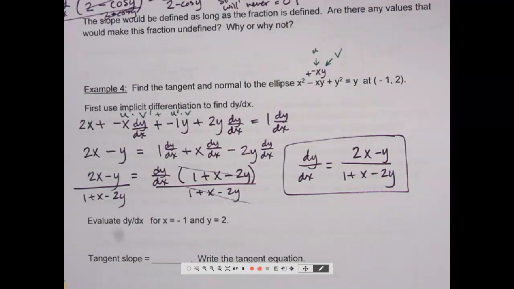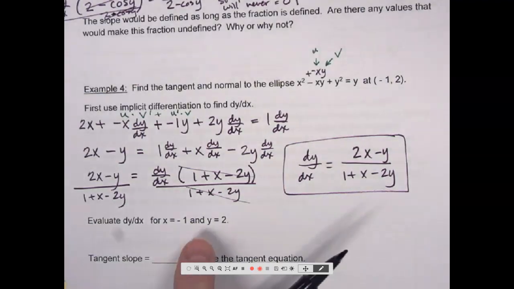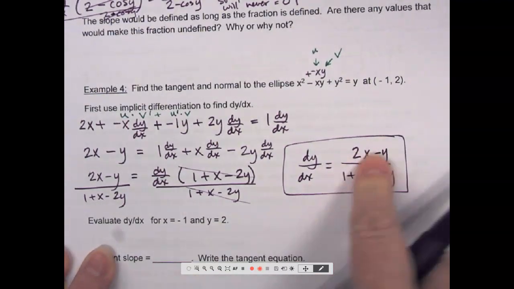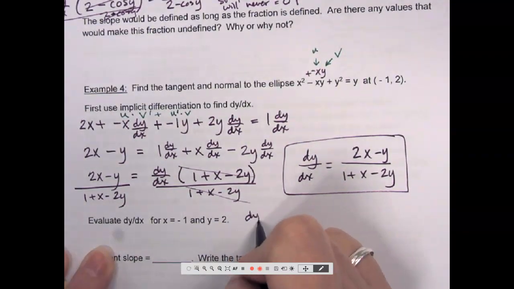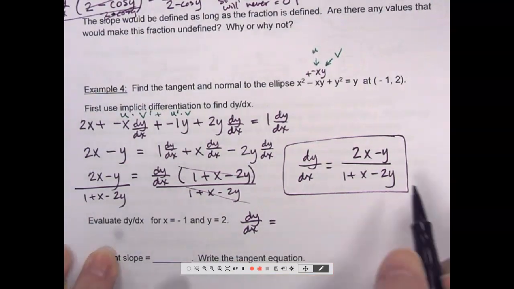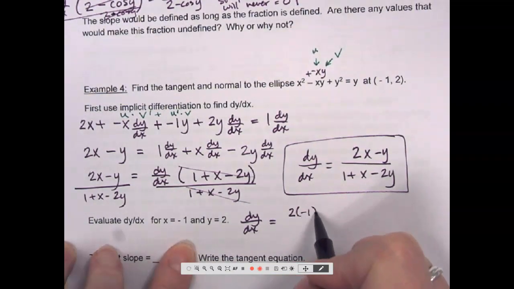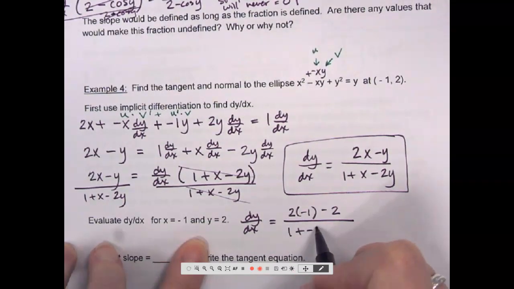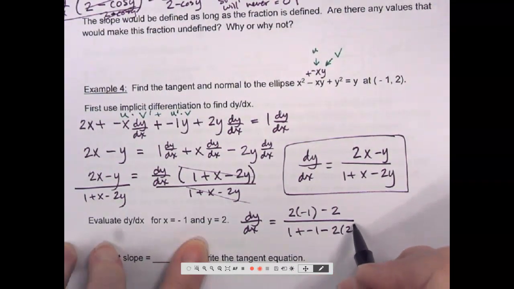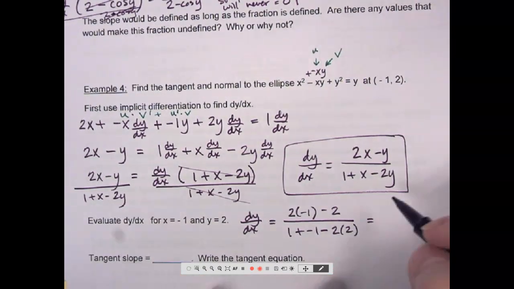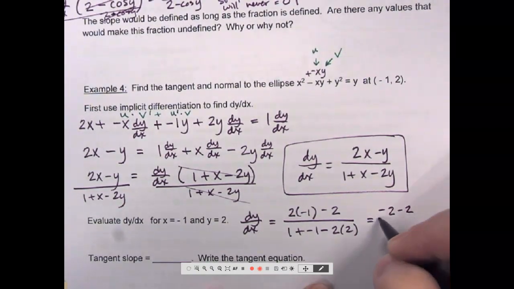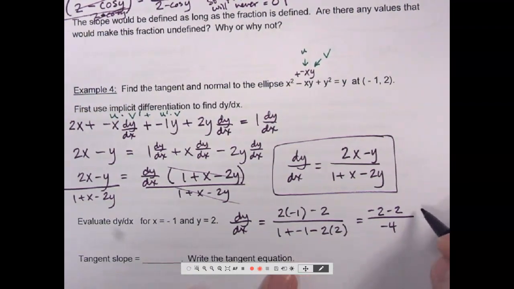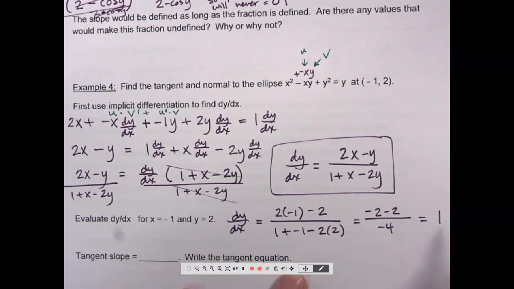All good? Okay, cool. Now let's evaluate this at our ordered pair, -1, 2. So just sub all those in. 2 times -1 minus 2 plus -1 minus 2 times 2. That's -2 minus 2 over -4, which is -4 over -4, just 1.